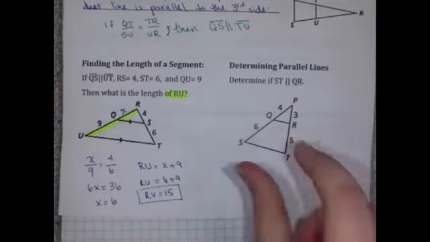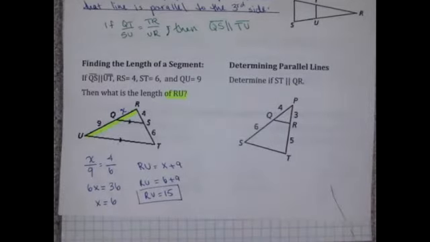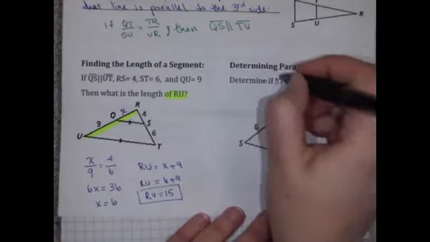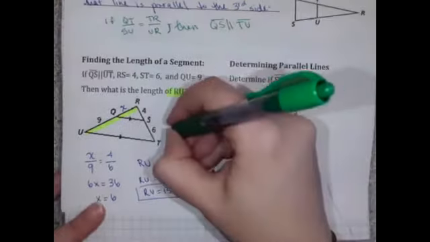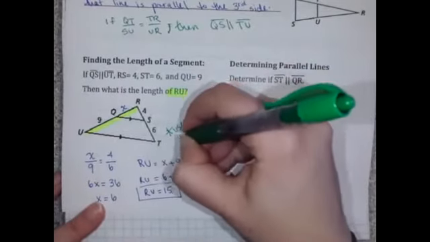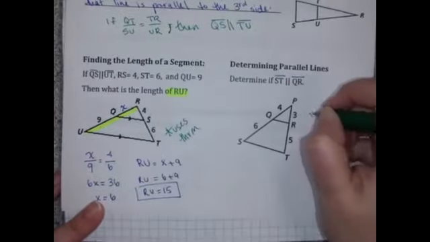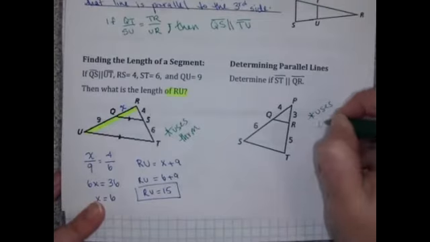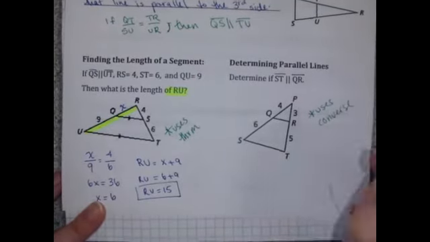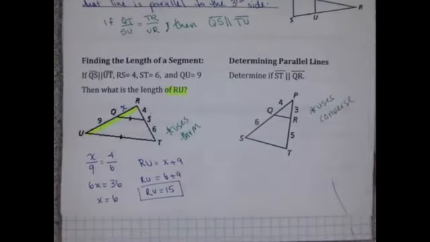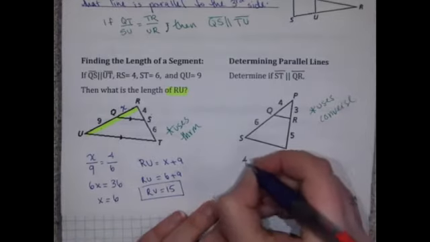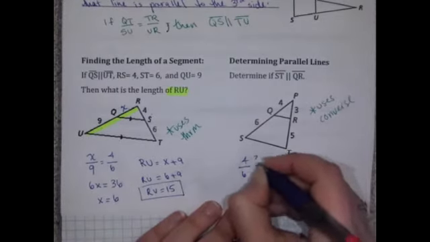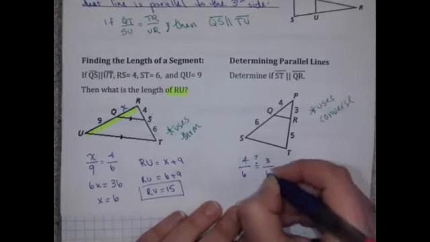Similarly, now determine if ST is parallel to QR. This uses the converse, so I want to see if they're proportional. I want to know if 4 over 6 is equal to 3 over 5.